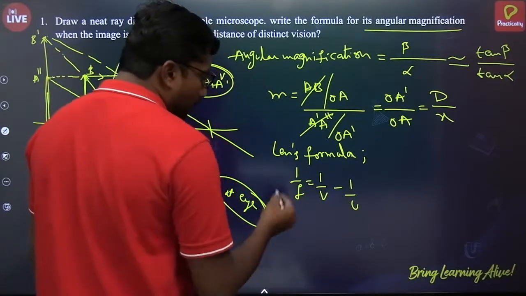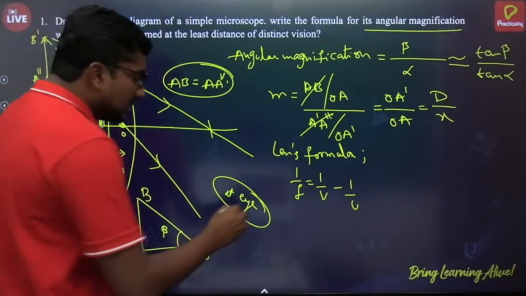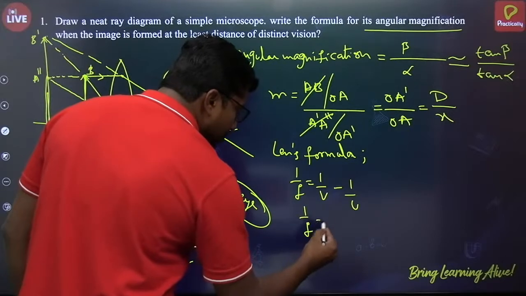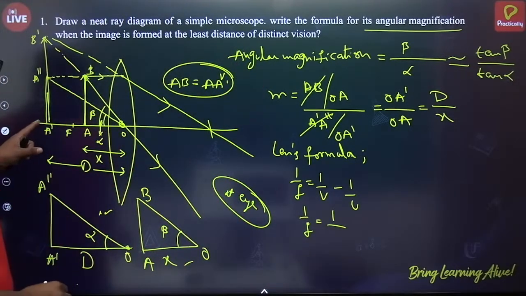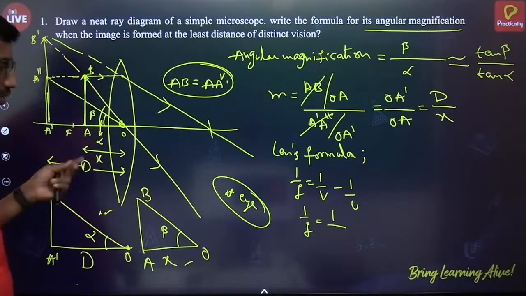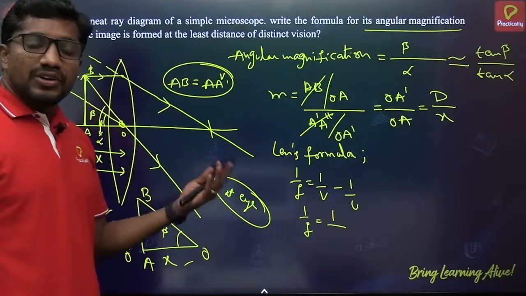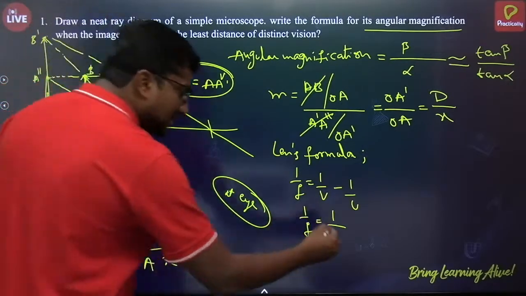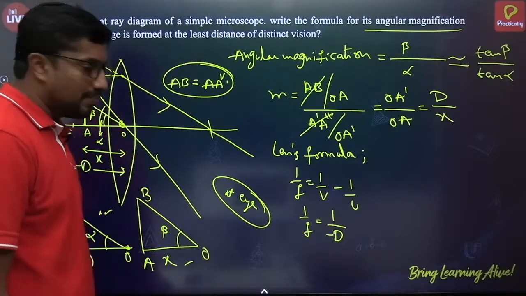We have to find the magnification in terms of the focal length. So 1 by f I am keeping like this. 1 by v, v is the image distance, and this is the object, this is the image. So the image distance is D, which is to the left of the optic center. By using the new Cartesian sign convention, the image distance will become minus D, negative.